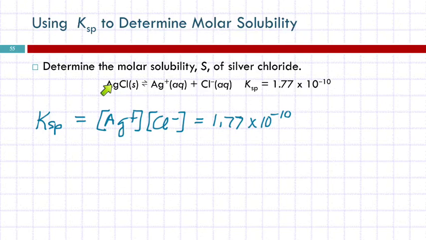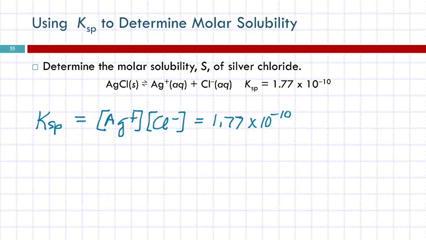We're starting with just solid AgCl and no silver ion and no chloride ion. So if 1 mole of silver chloride dissolves, I'm going to get 1 mole of silver ion and 1 mole of chloride ion. The silver and the chloride ion concentrations have to be equal because they came from a solid in which they were paired up equally.